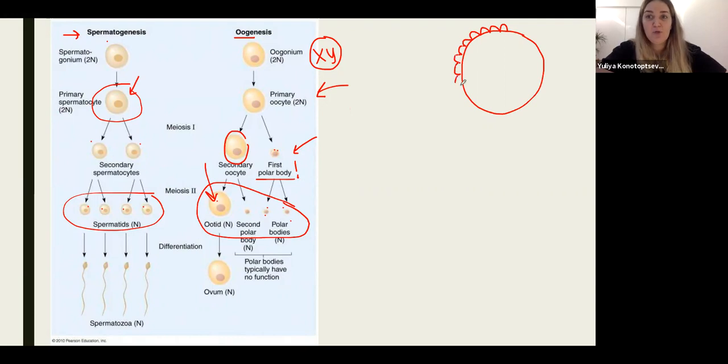This is important, especially in the female, because only in the female it has a name. Gonads are present in both male and female embryos, but only in the female embryo, this surface cuboidal epithelium is called germinal epithelium.